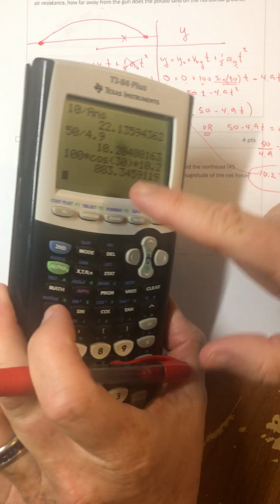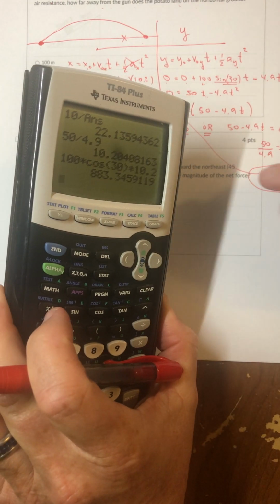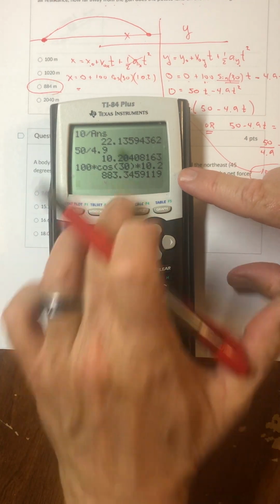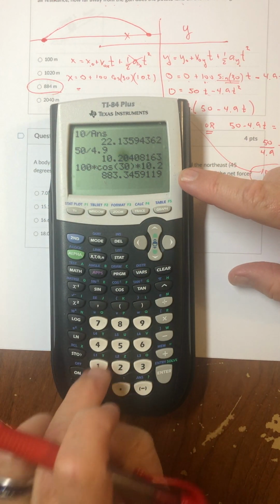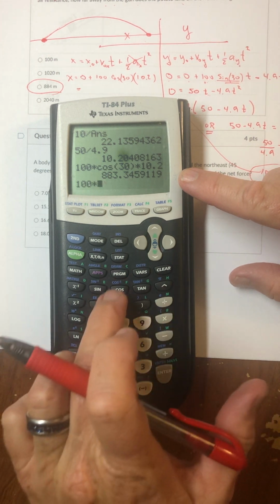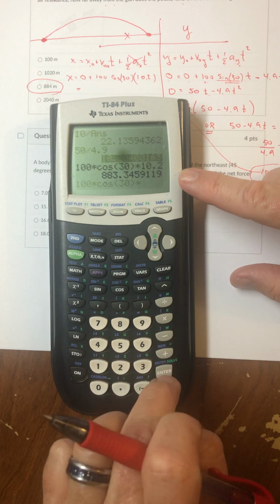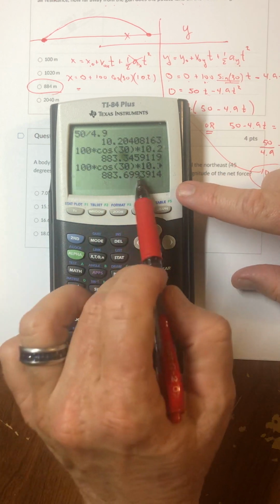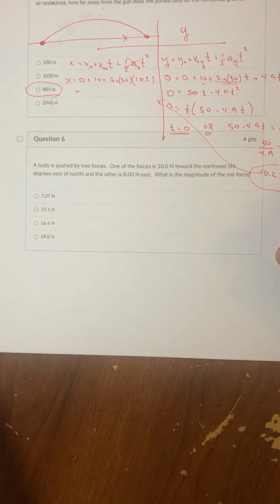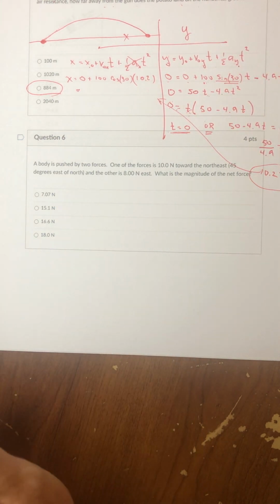I wonder if I just carried that down. If I did 100 times cosine 30 times, I'll do all the decimals, copy, paste, yeah, and that would round it up to 884. So anyways, it's the third one down there.